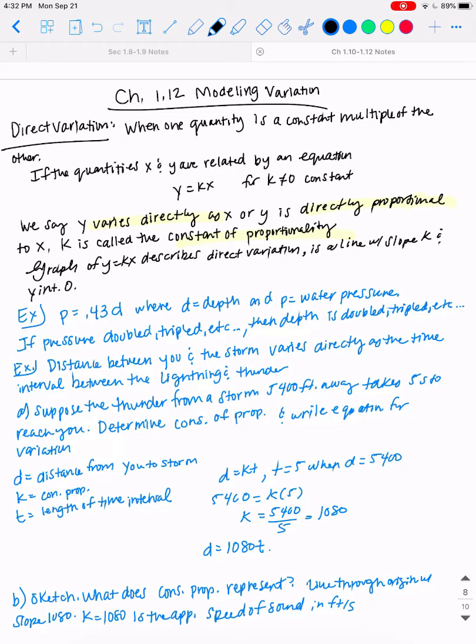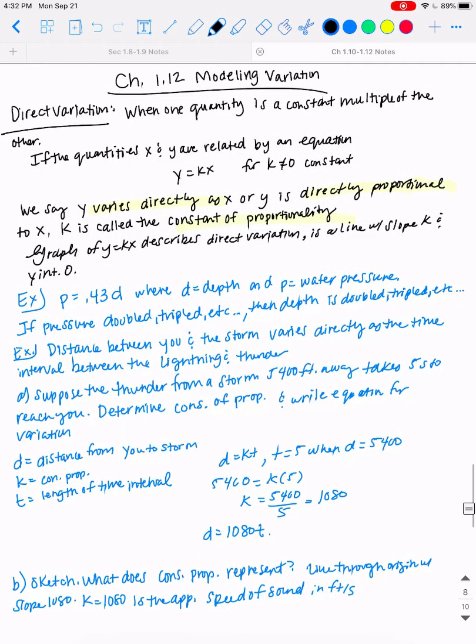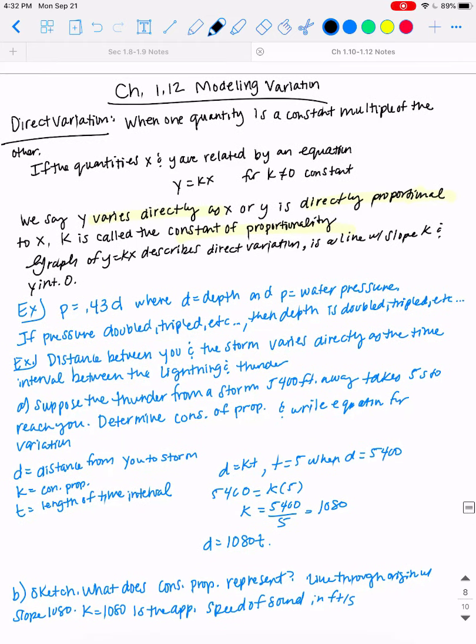So you can see it's direct variation because, for example, p equals 0.43d, where d is the depth and p is the water pressure. So we know p and d are direct variation because usually they're on the same line, and we'll see for inverse variation it's like a fraction.